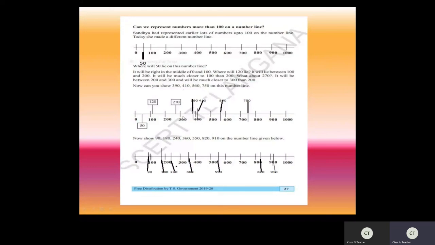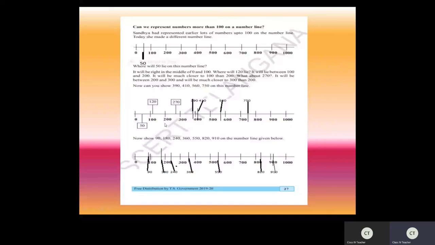So these many are coming in between, and you can see 200 to 270. How many do we get here? 70. That means there are 7 lines in between 200 and 270.